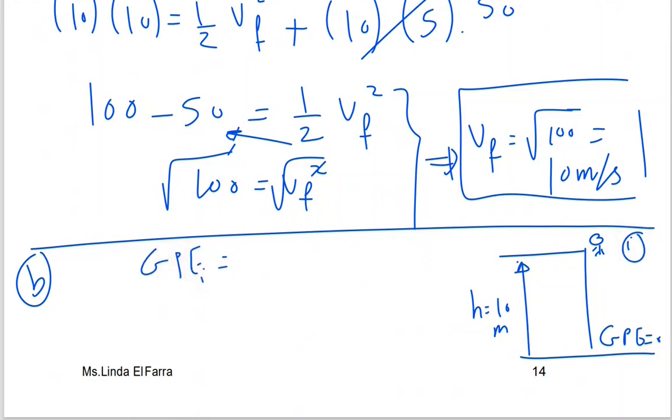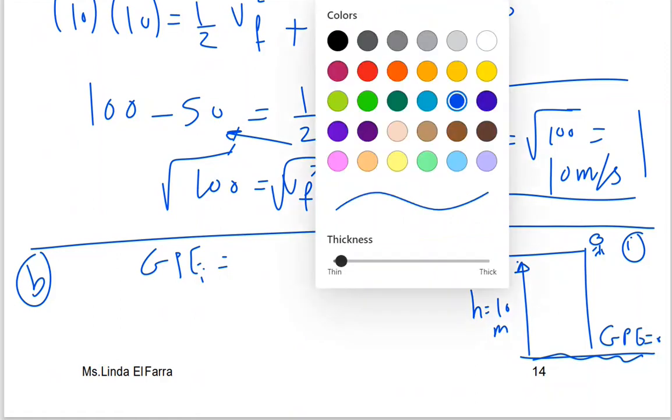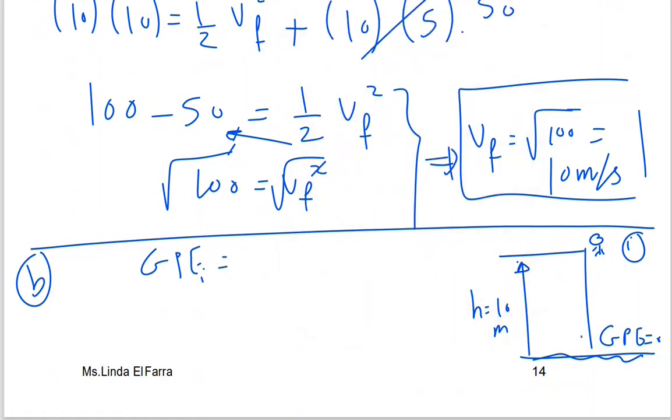Initial equals, when it's just before it hits the surface of water, we don't have a gravitational potential energy because there is no height. But the kinetic energy will be maximum. So here at this position, just before it hits the water, you will have kinetic energy final.